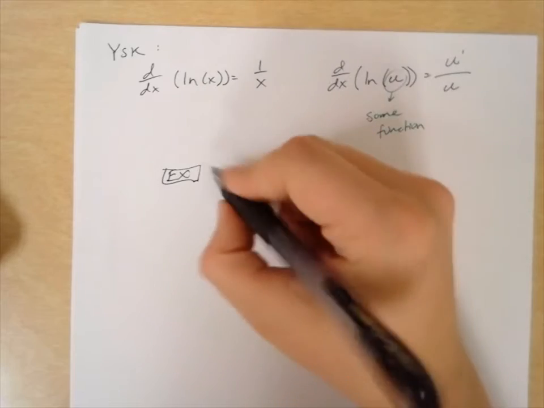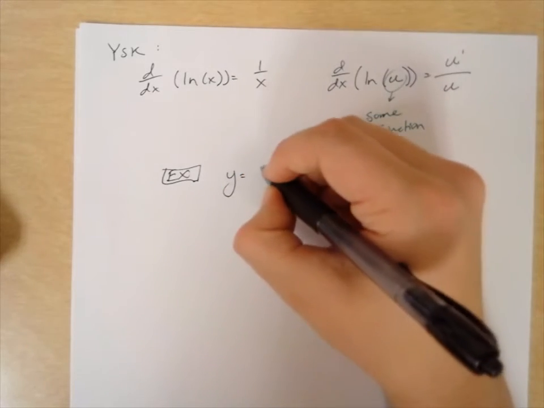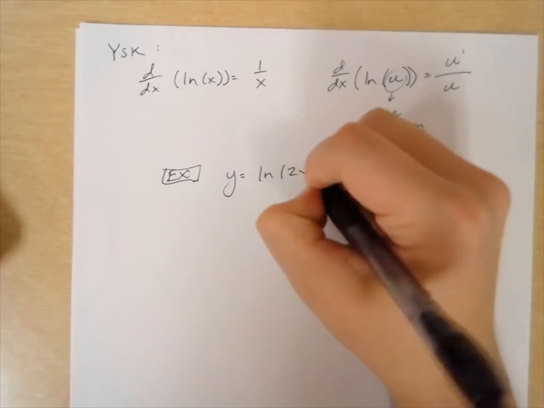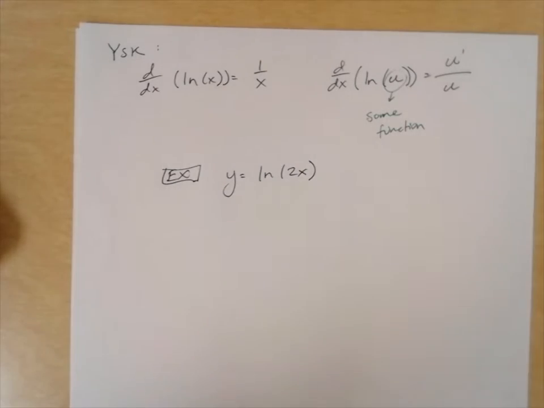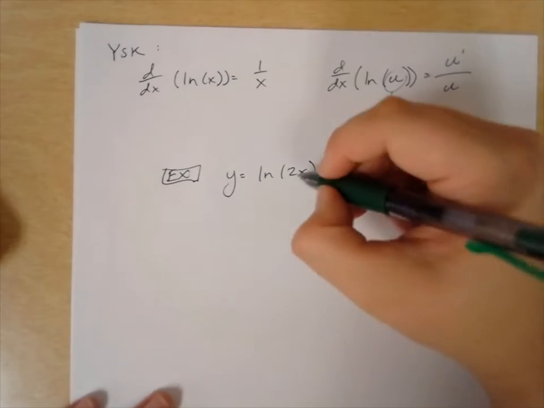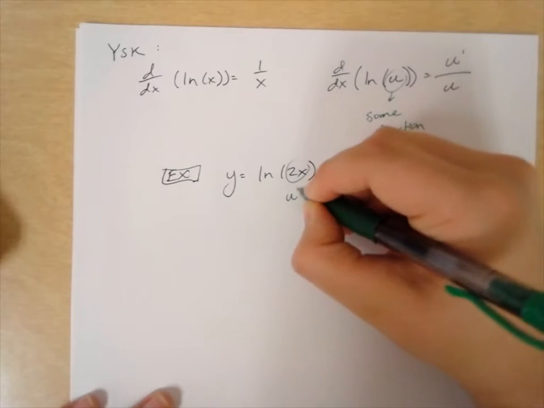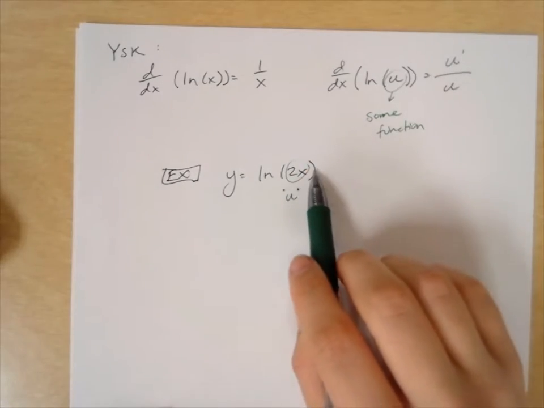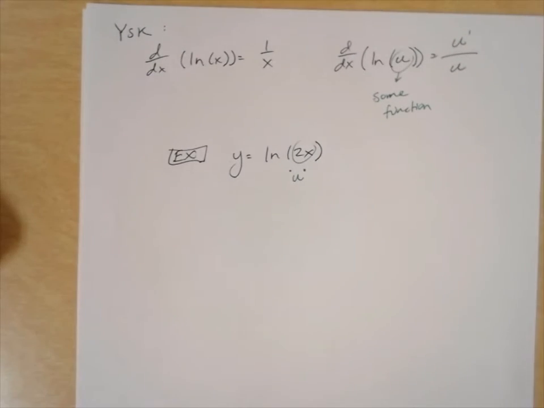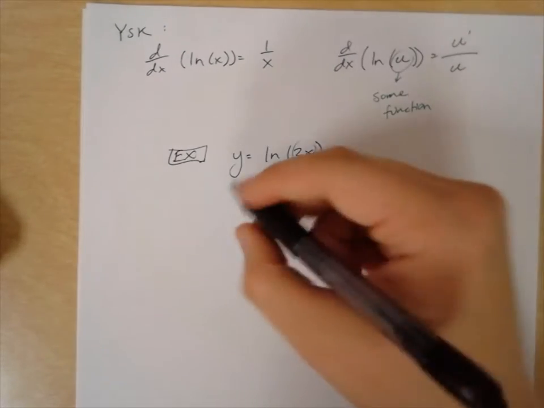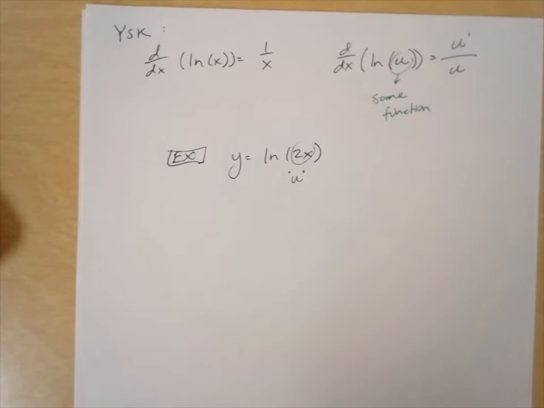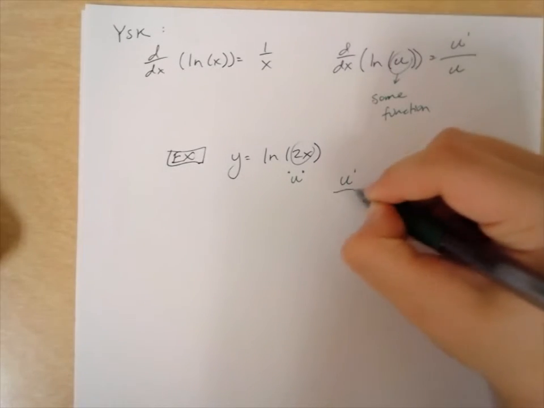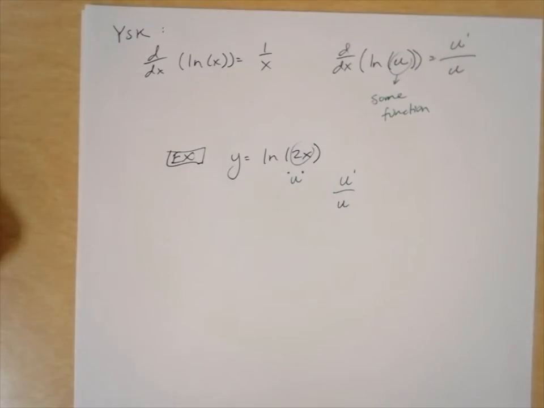to make it more clear. If we were given y equals natural log of 2x, we can see pretty clearly that the 2x is what would qualify as a u value. It's not just the variable, it's something else attached to it. So we're going to use our u prime over u rule.